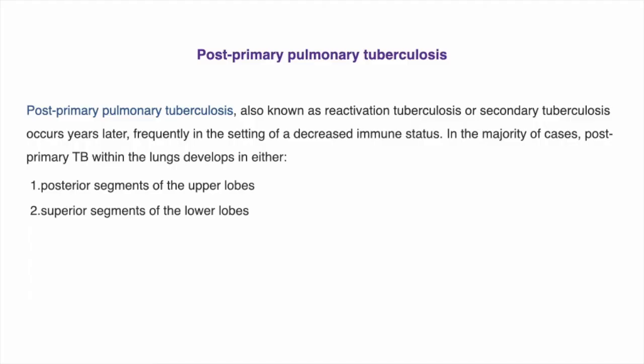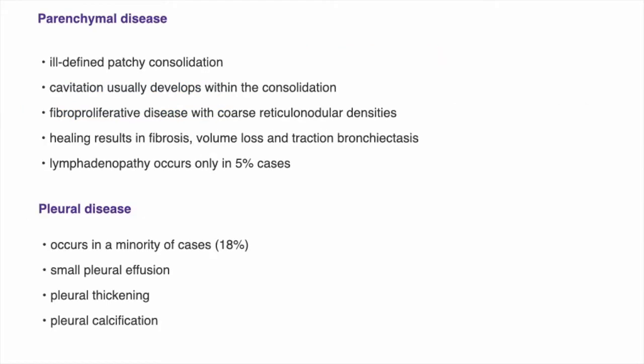And then we have post-primary TB, in which the lesion is typically located in the posterior segment of the upper lobes and the superior segment of the lower lobes. Post-primary TB produces different types of radiological lesions, in the parenchyma or in the pleura.